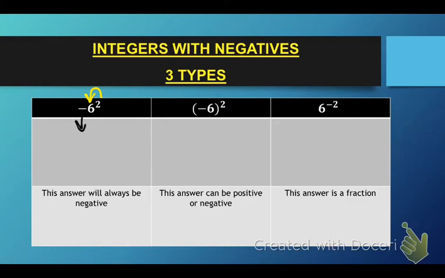However, we have this negative sign, or minus. Well, that minus sign, or this negative sign, just becomes negative 36. And that's because your base does not have parentheses around it. Okay? And if you look down here, you'll see that this answer will always be negative. On the next slide, I'm going to show you a little bit more. So remember, negative 6 squared is negative 36.